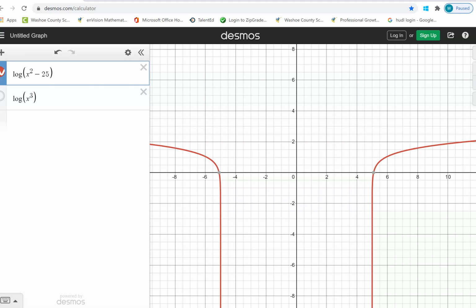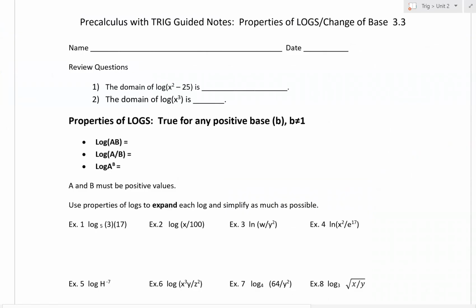So it's basically telling you that it's everything from negative infinity to negative 5, and then in union with everything that's 5 or greater. So in this particular one, it's going to be everything from negative infinity to negative 5, not including negative 5, in union with everything from 5 to infinity.